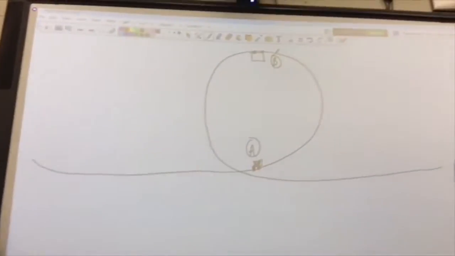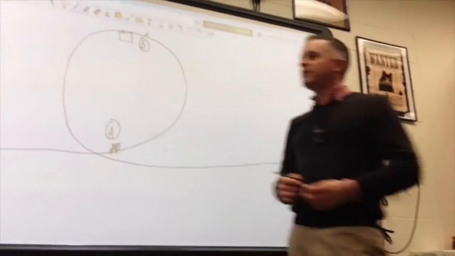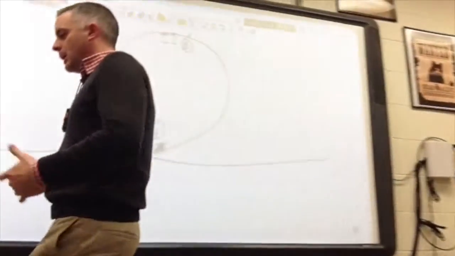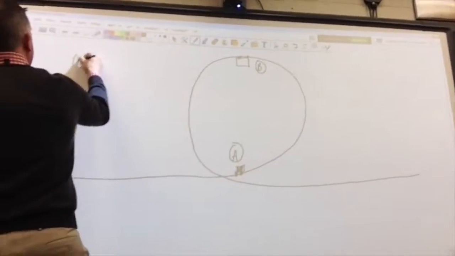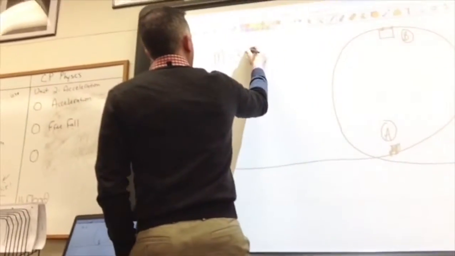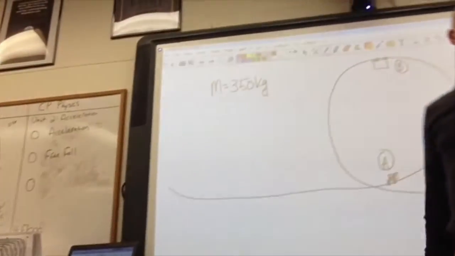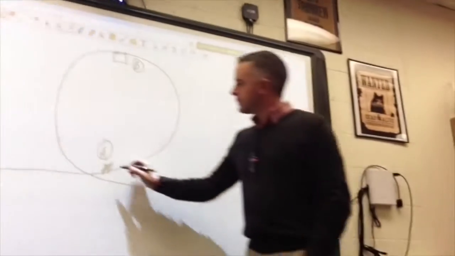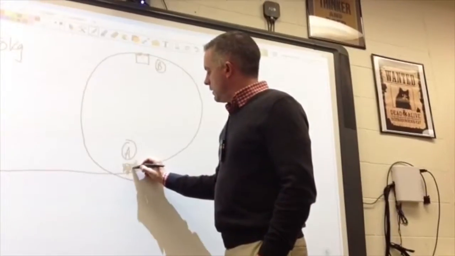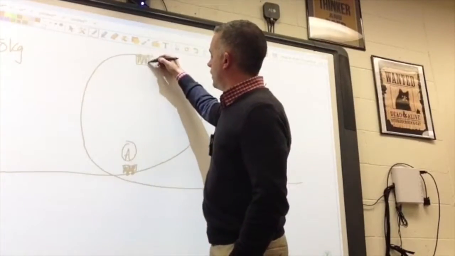All right, so now instead of going over a hill, we've got a loop-the-loop, and I've got a car. It's got 350 kilograms of mass to it.